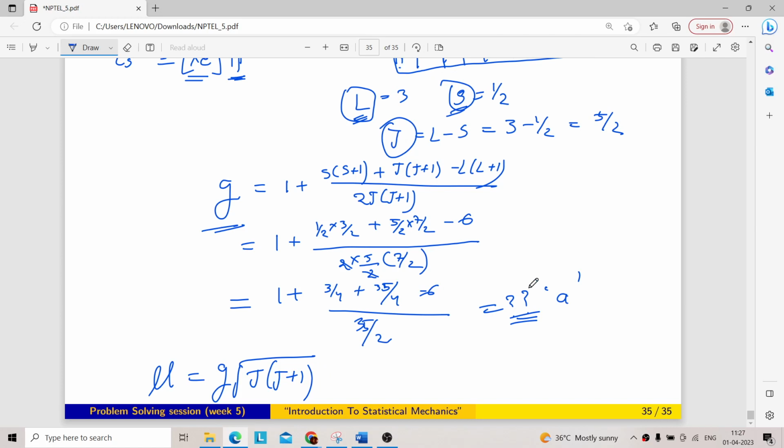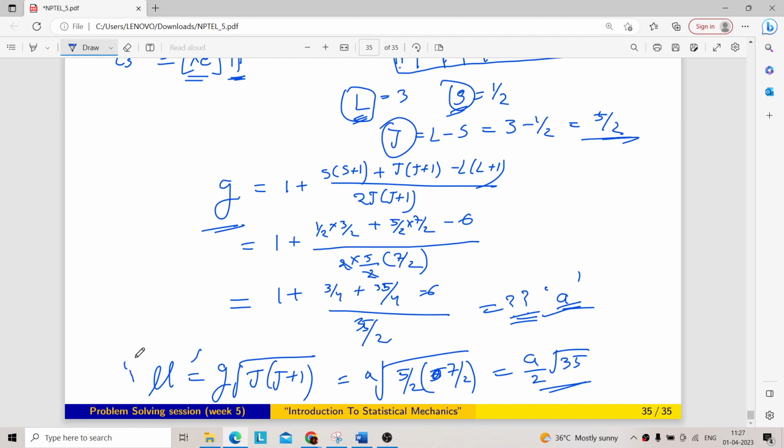So what is J? 5/2. We have g as A, and this is 5/2 into 5/2 plus 1, which is 7/2. So this is A/2 root 35. To solve this, you will get some A value, and put this, and you will get the magnetic moment for this ionized cesium atom, and this magnetic moment will be in Bohr magnetons.